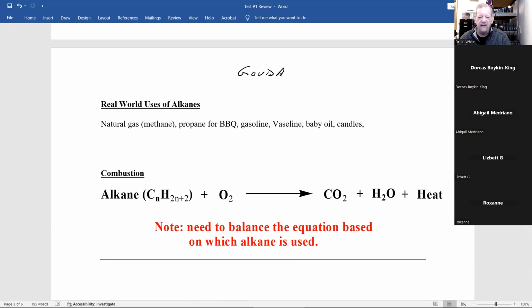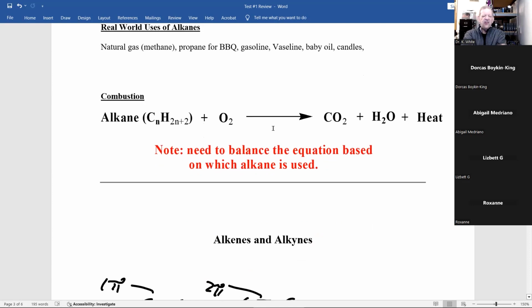All right. Now, in this chapter, there was only one reaction I asked you to learn, and I taught the concept of a general reaction. And here, if you have any alkane, and also it's true for cycloalkane, and you react it with oxygen, organic chemists, unless you have to figure out charge weights, how much to react of different things to make something, which we don't do in this class, we're only interested in what do you make?